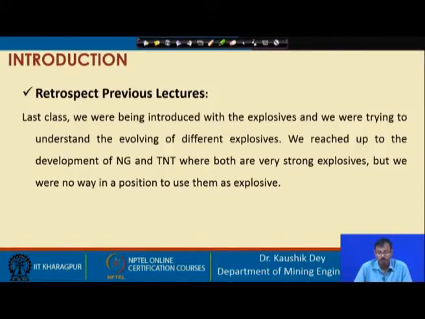Now we understand that gunpowder, which is a low explosive, cannot serve our requirement where the explosion essentially requires high strength to fragment the rock. Gunpowder is not suitable for that, but an accepted technology is there which can explode the gunpowder.